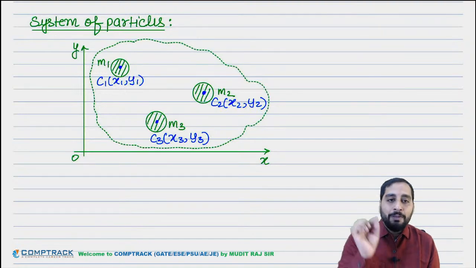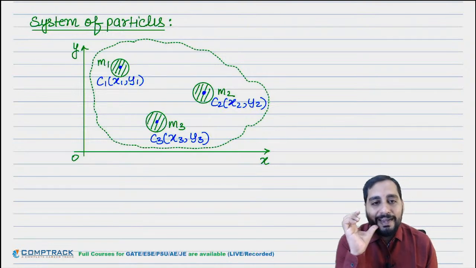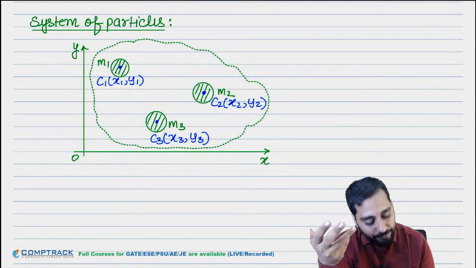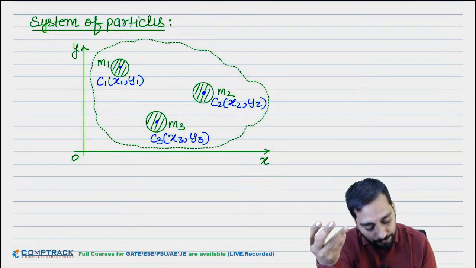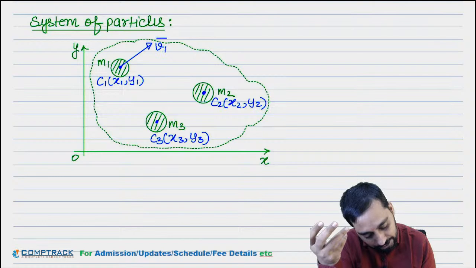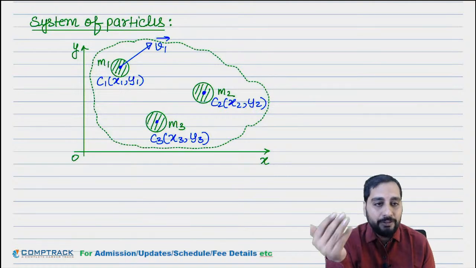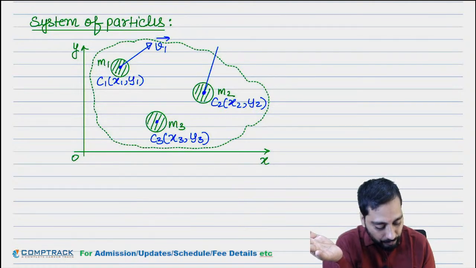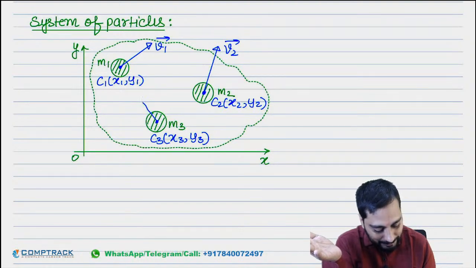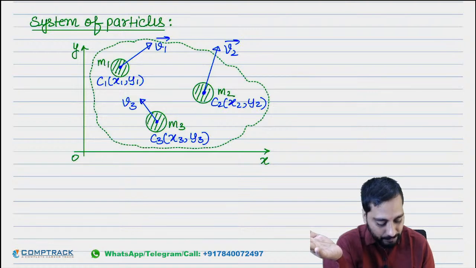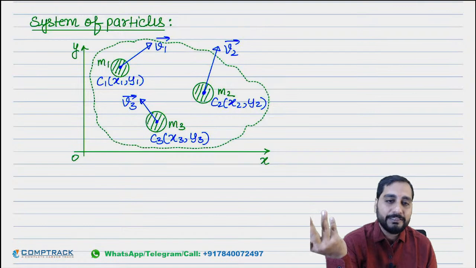Now particle 1, at this instant, is going with velocity v1, like this. Particle 2 is going with velocity v2. Particle 3 is going in this direction with velocity v3.